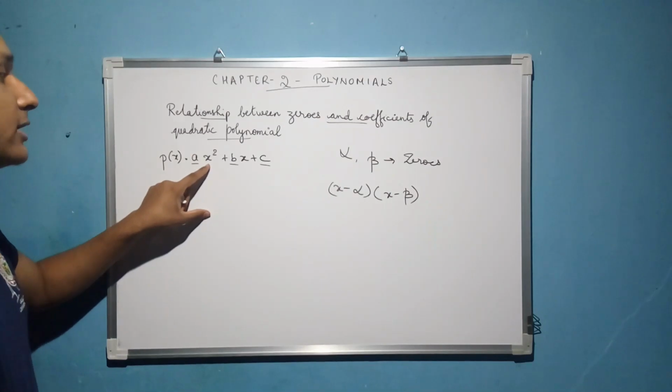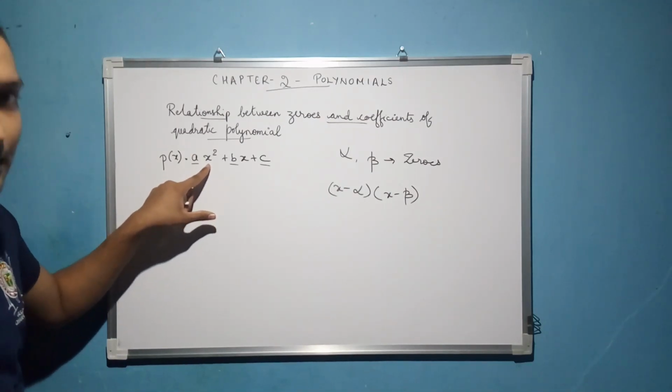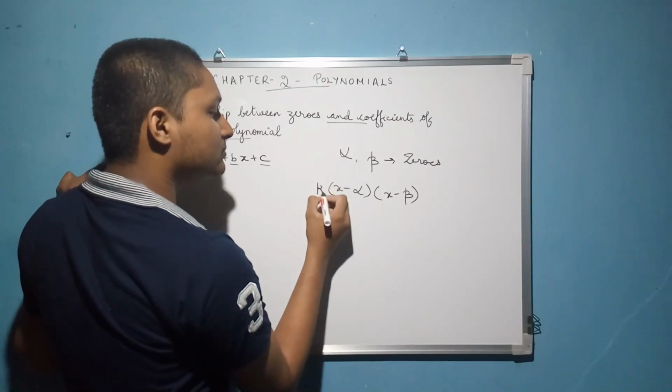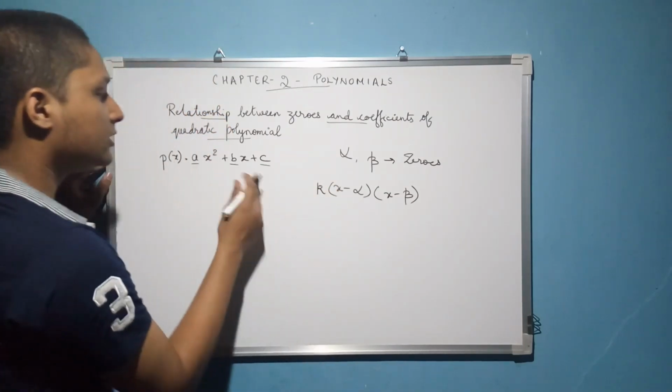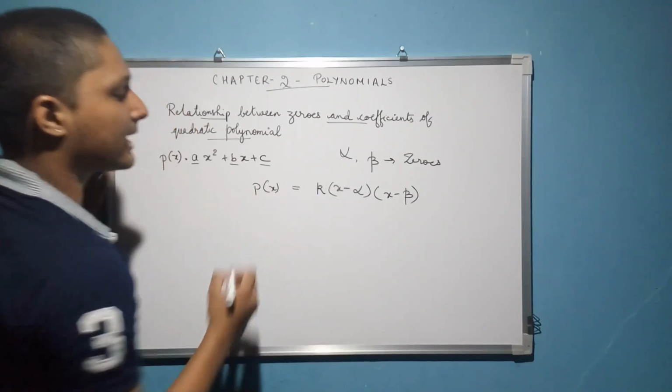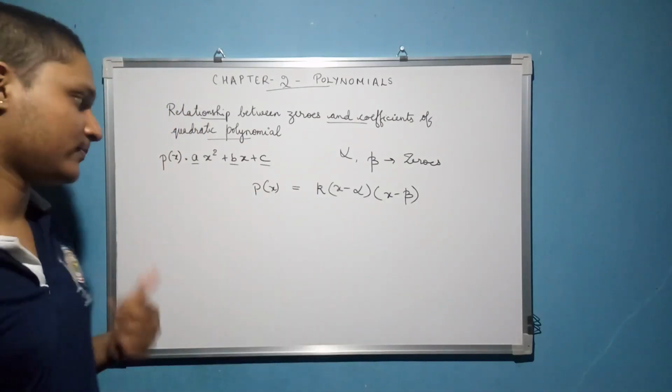Because this is only a square term, that is quadratic only, you can just multiply these and multiply by a constant to equate it to this p of x. Therefore, p of x can be written in this format also.